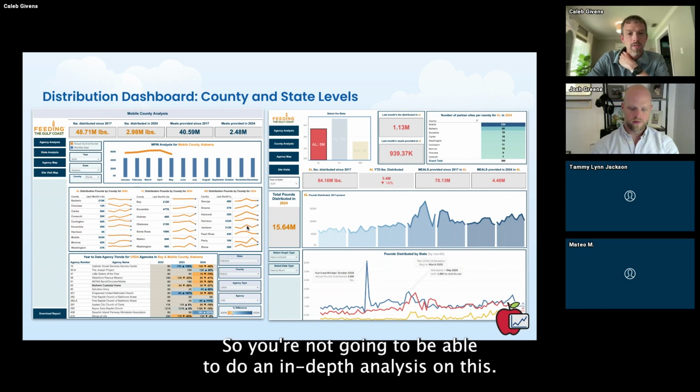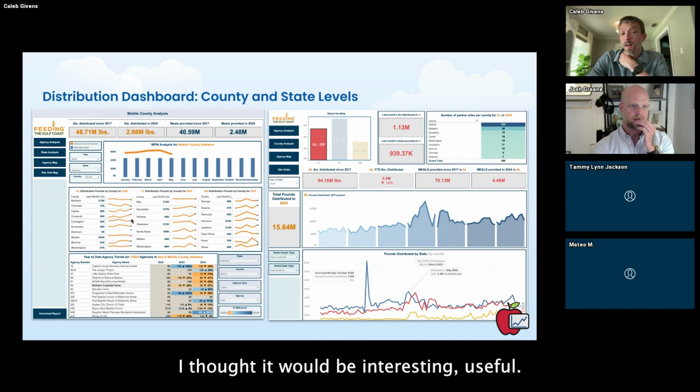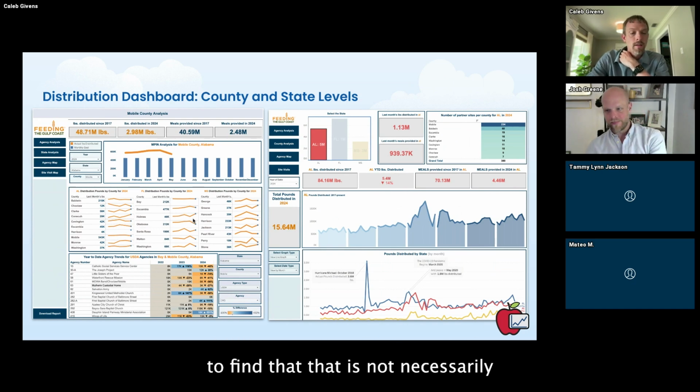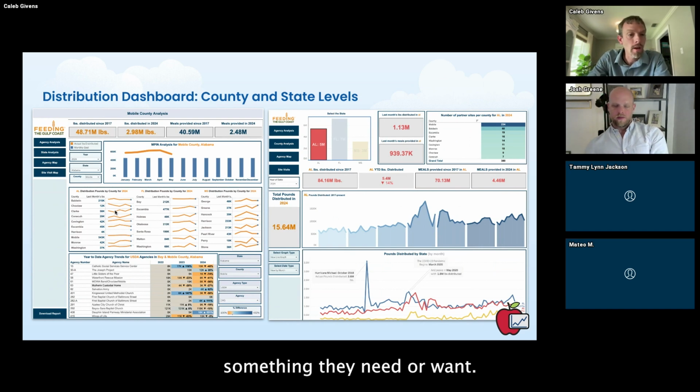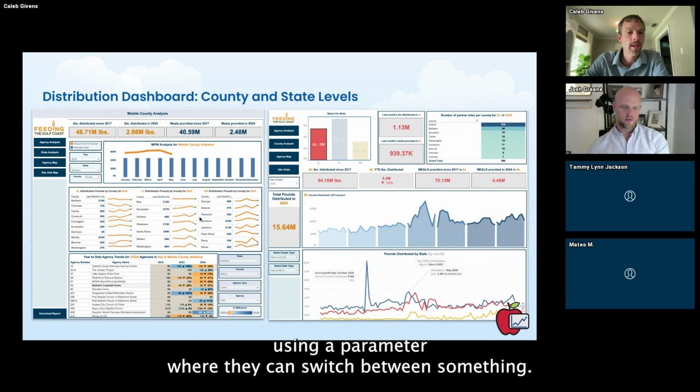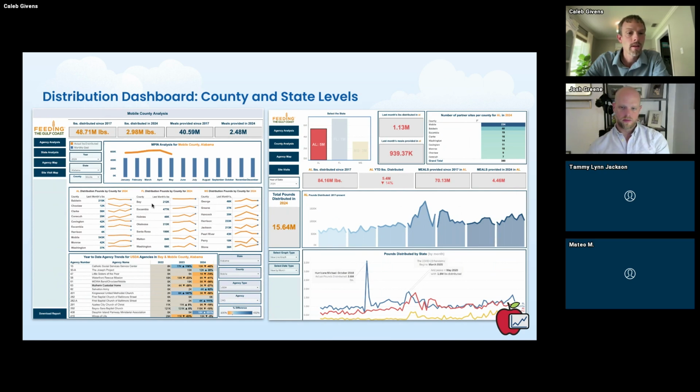So you're not going to be able to do an in-depth analysis on this. I thought it would be interesting and useful, but it took me talking to people who use this dashboard to find that it is not necessarily something they need or want. Maybe I will keep it and hide it using a parameter where they can switch between something.